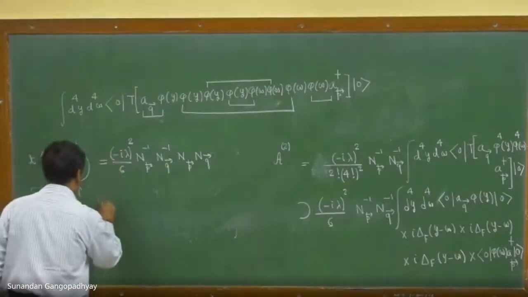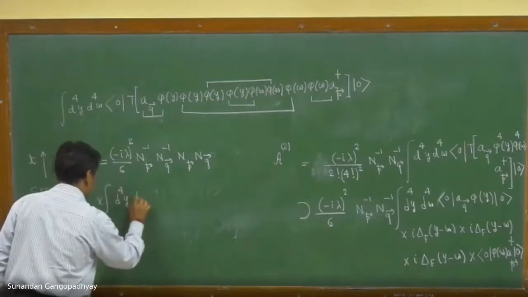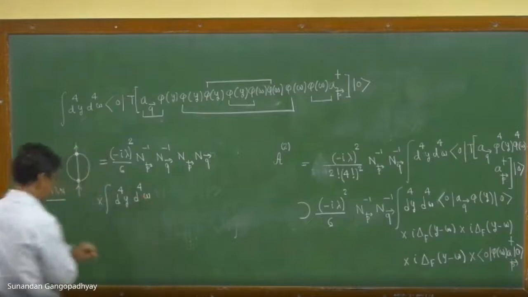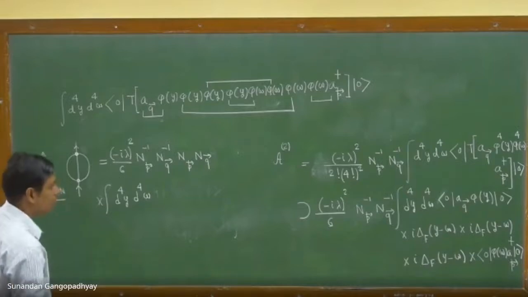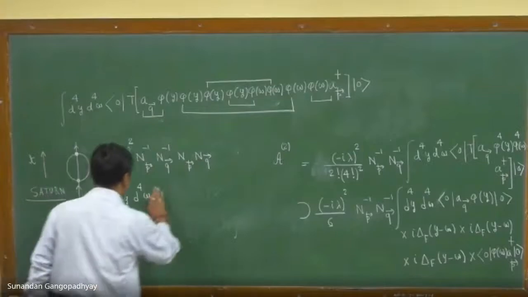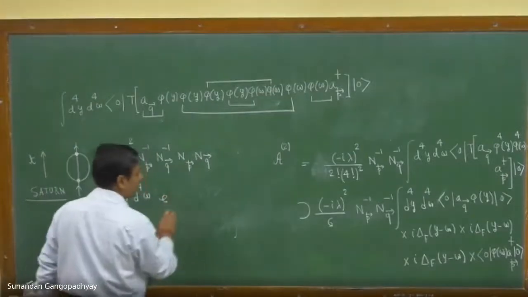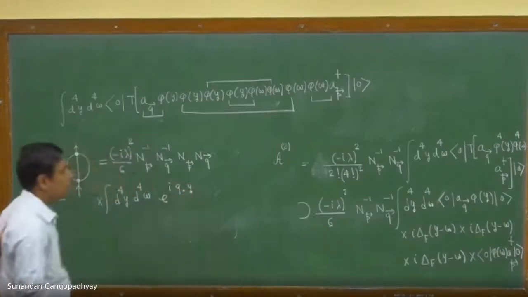Then we'll have this: d^4w, d^4y, e to the power of i q dot y.